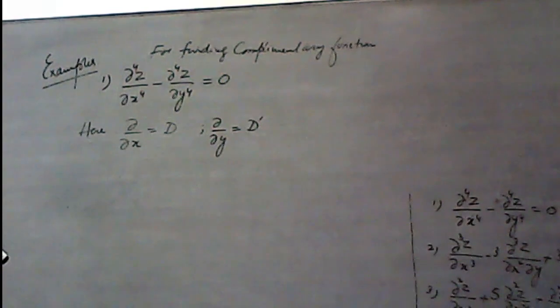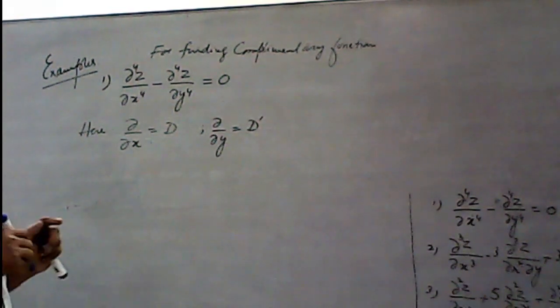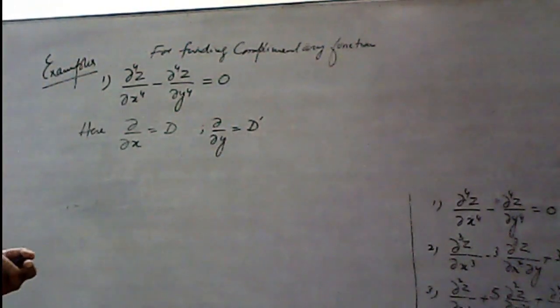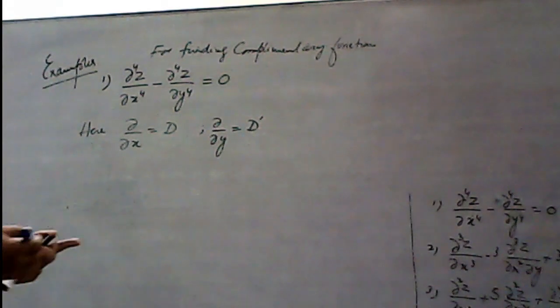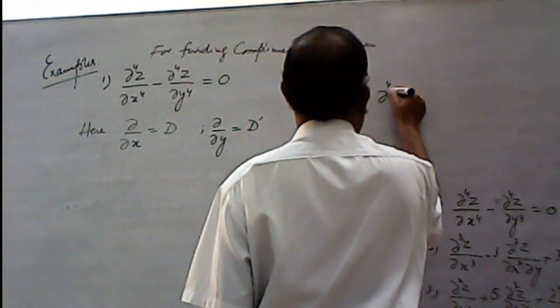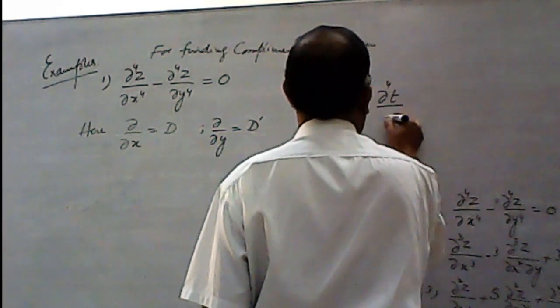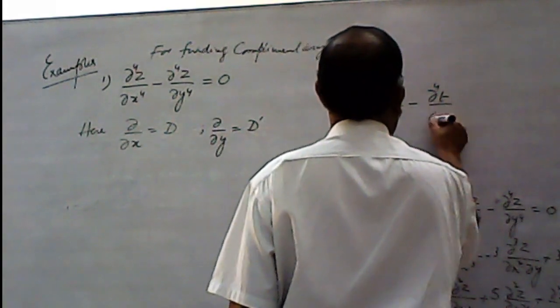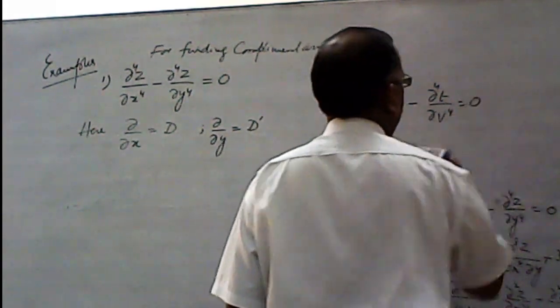But if you do not have x and y as independent variables, let me write the same example another way: partial^4 t over partial u^4 minus partial^4 t over partial v^4 equal to 0.